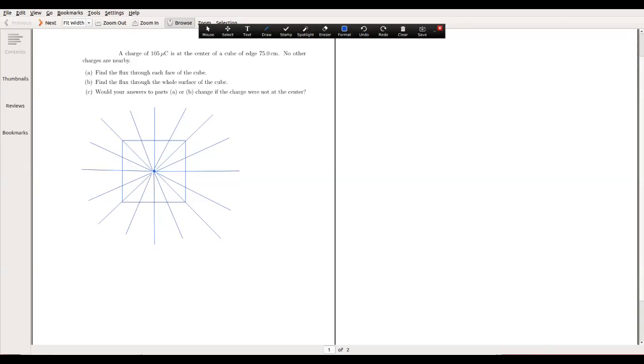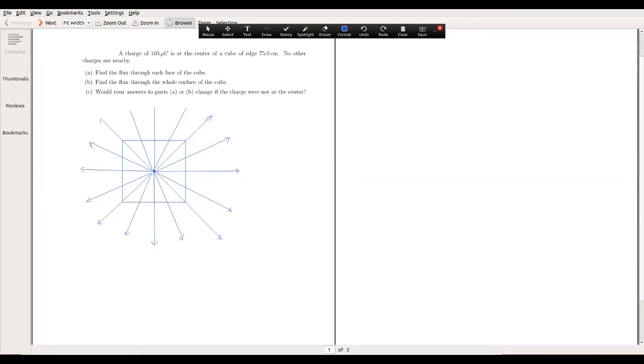Here, since it's a positive charge inside, all these field lines are pointing outward. If it was a negative charge, it would be going inward.